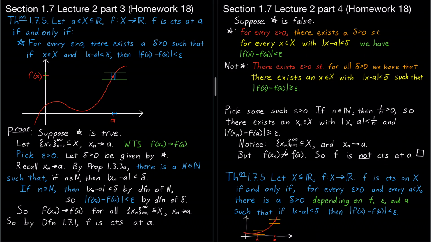But then your delta window ends up being very wide in one place and very narrow in another place. So f is continuous everywhere on X if at any point a in X and any epsilon there's a delta that works, but you might have much bigger deltas in some places than in others.